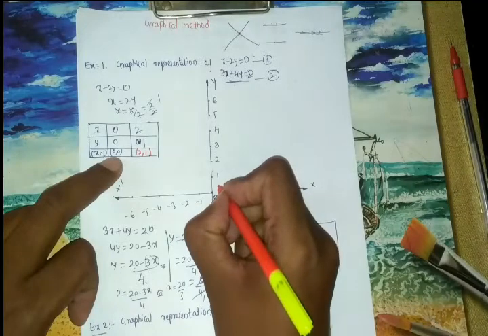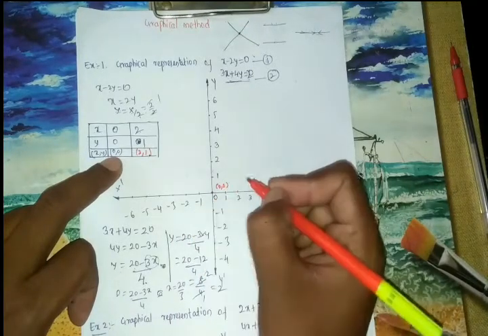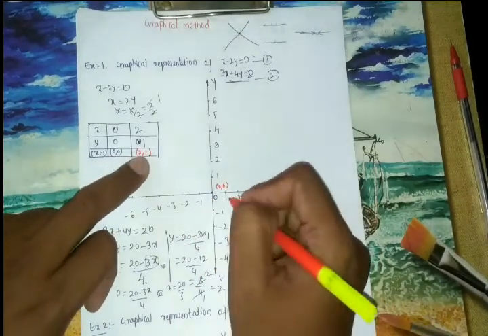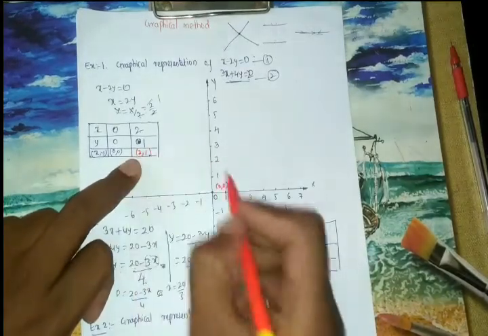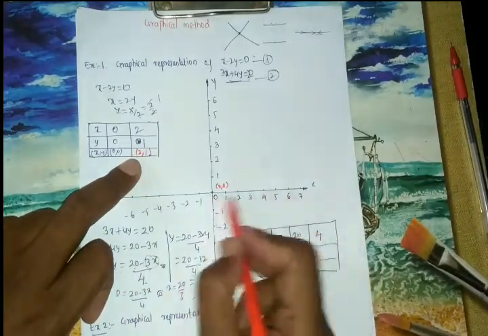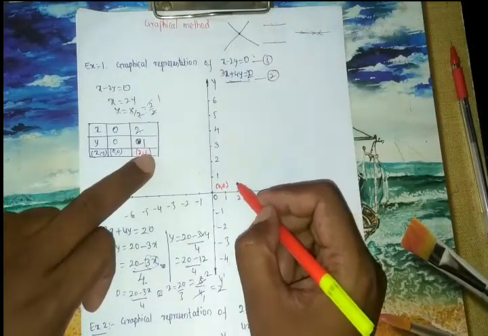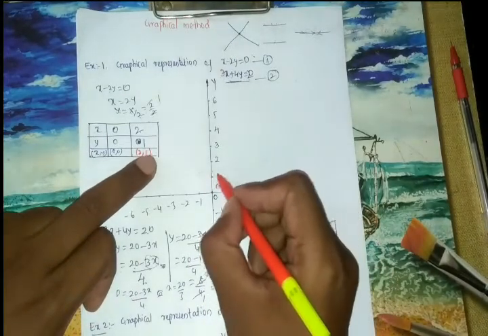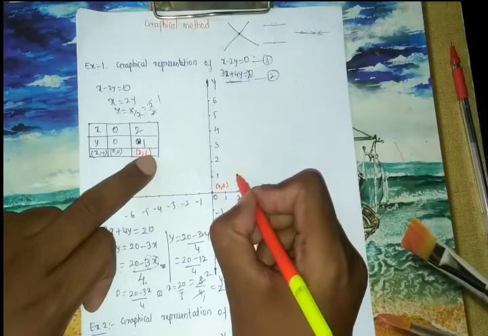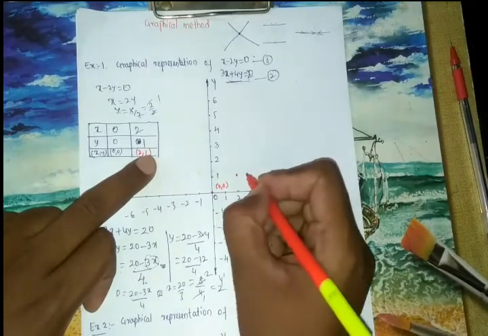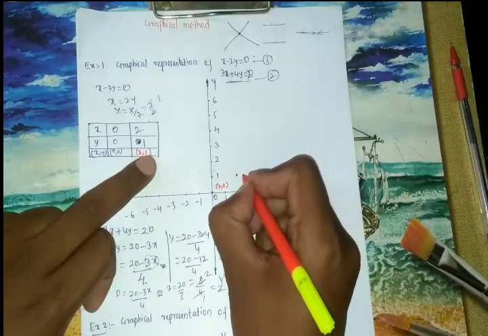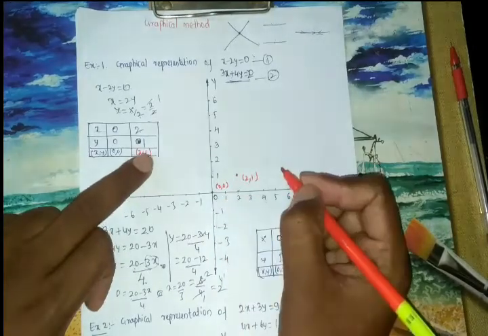This is the first point, 0 comma 0, and another is 2 comma 1, that is x equals 2. On this side this is 2 and the corresponding value of y is 1, which is here. So one more point I get here, this is 2 comma 1.